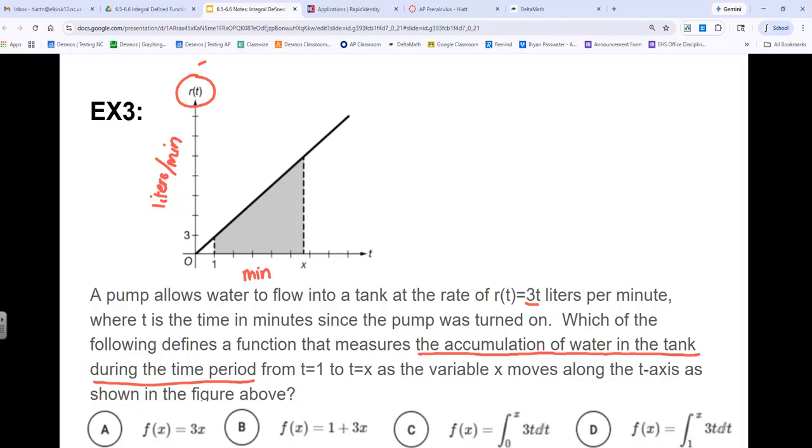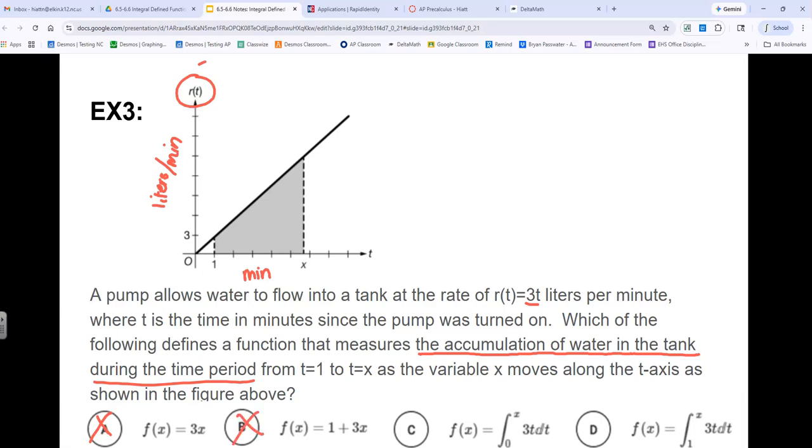Not the total amount necessarily, because there could have already been some water in the tank before we started observing, but the change in the amount of water. So if I want just the amount of water, would it make sense to have 3x right here? That would be the rate. So that is not our answer.